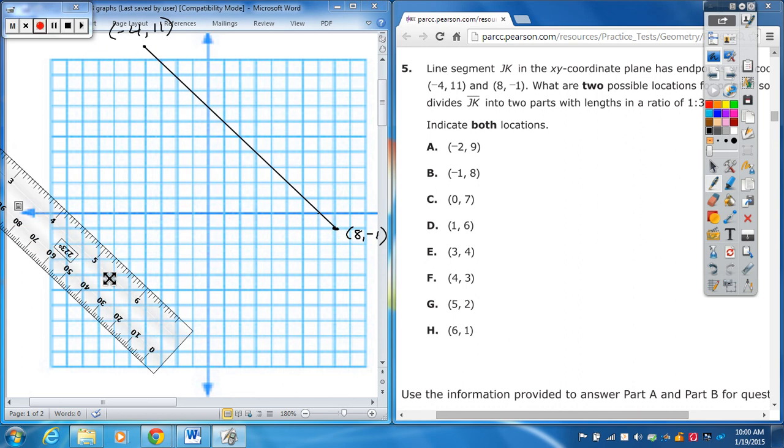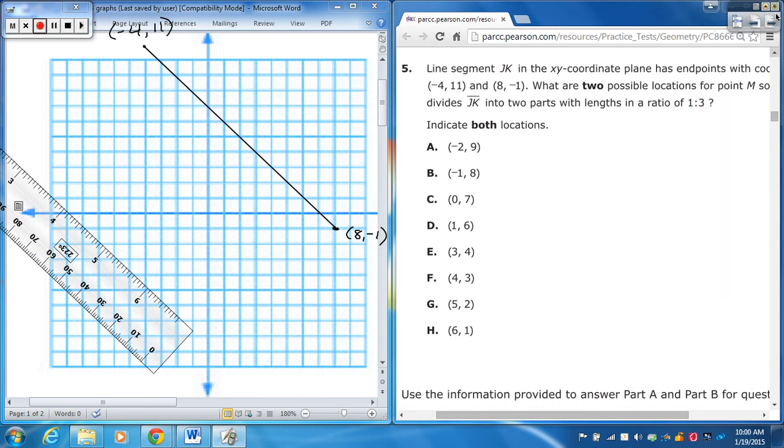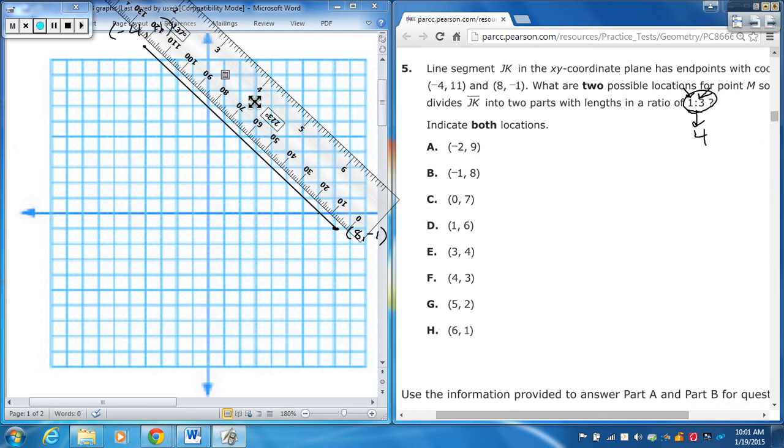If we want to break up this segment into ratios 1 to 3, how many total segment lengths do we have present? Well, there are 1 on one side and 3 on this side, so there's a total of 4 segments present. Okay? And so this segment here, in order for it to be 3 times the length of this segment here, we have to have 4 total segments present. Now, if that doesn't make complete sense to you, keep paying attention. I think it will in just a second.